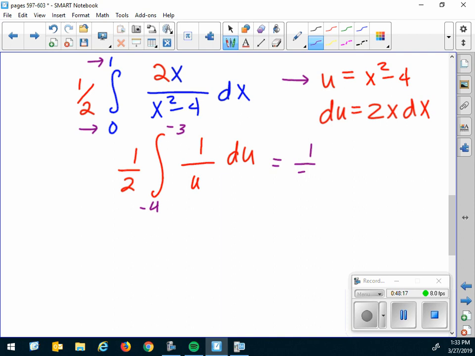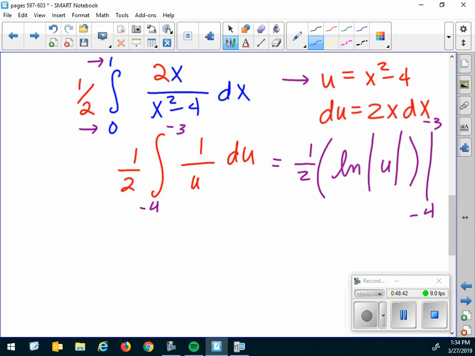So this gives me 1/2 of, what's the antiderivative of 1 over u? Natural log. Now here's where you have to be careful. It's a log. Why did I put absolute value around it?